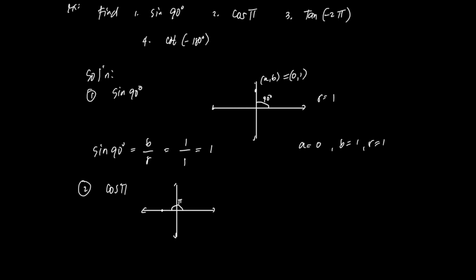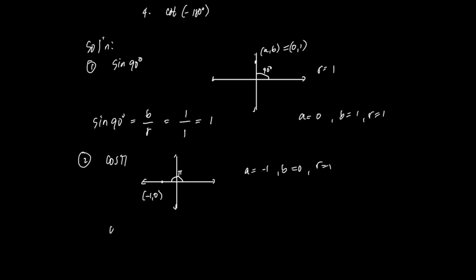So in this point here, our (a, b) is (negative 1, 0). So therefore our a is negative 1, our b is 0, and our r is 1. So therefore cos pi, which is a over r, is negative 1 over 1, so that's negative 1.